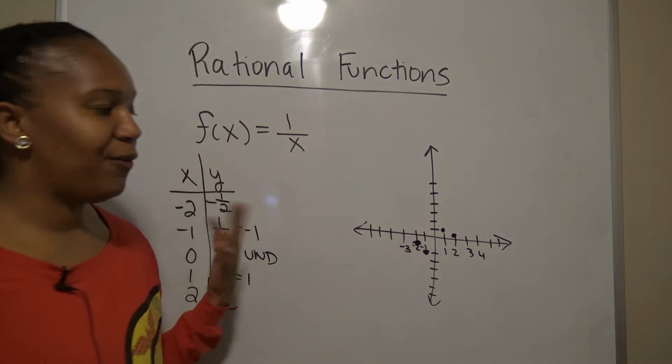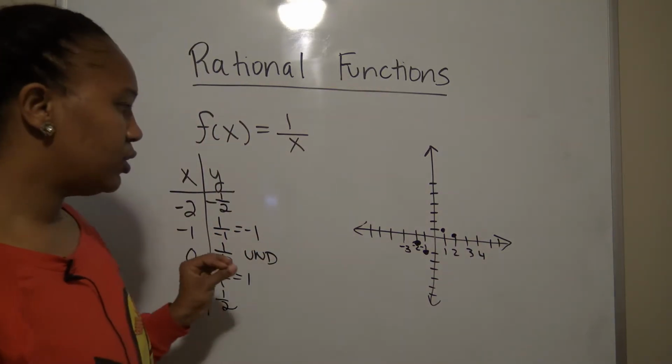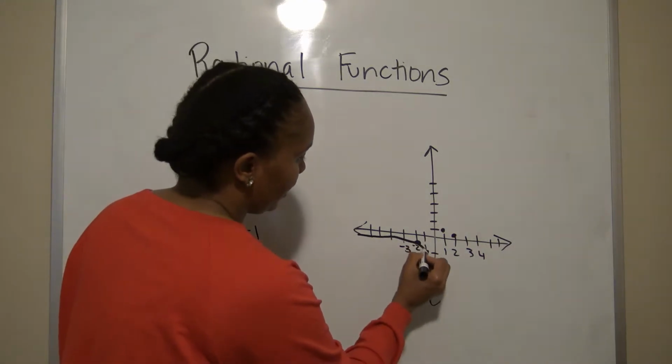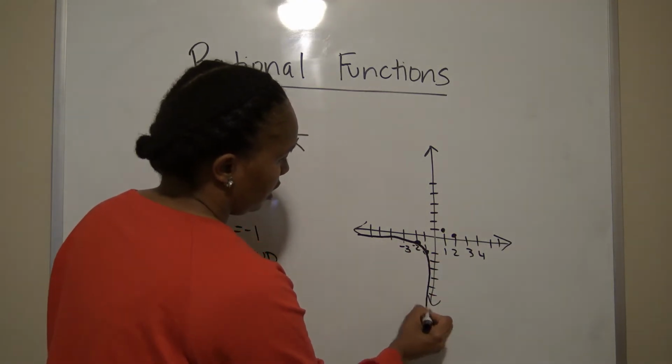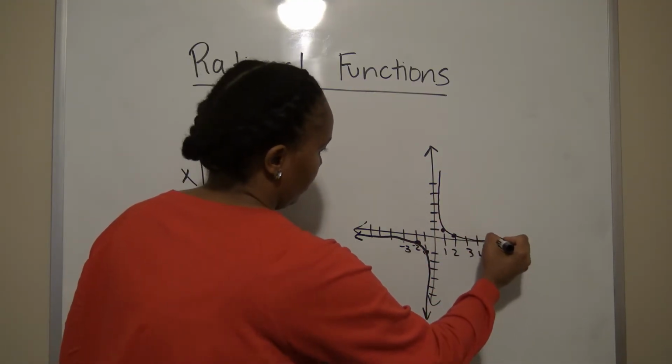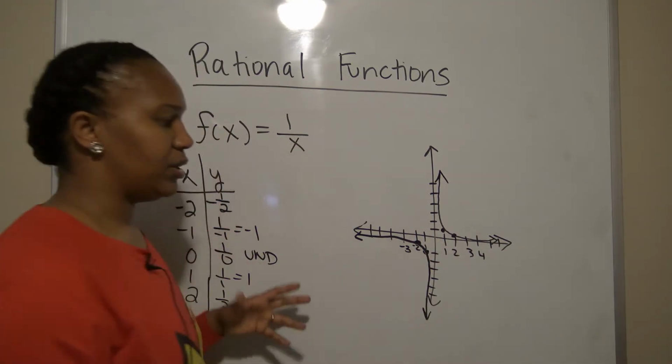Now I know these 4 points don't tell the full story, but if we were to continue, the graph will look something like this, and something like this going through those points. So basically, it breaks up into 2 separate parts.